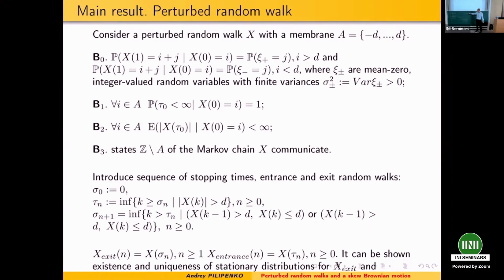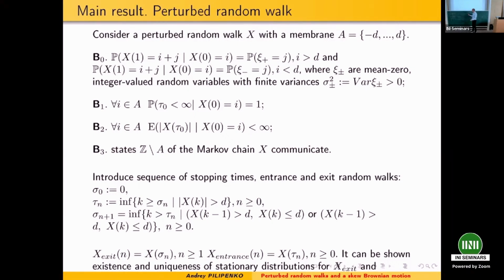For example, if you are here, you can make a lot of jumps before you exit, but they are of order square root of n. So the number of them is small if you compare with n. So it is not really an effect. And another difficulty: when you jump from here to this, in some sense you enter the membrane, but from another point of view, you immediately select yellow color. So what does it mean?